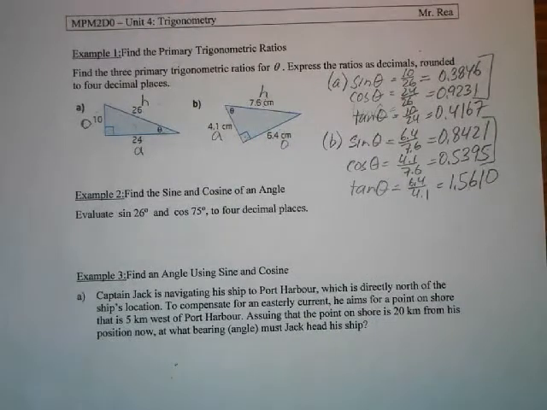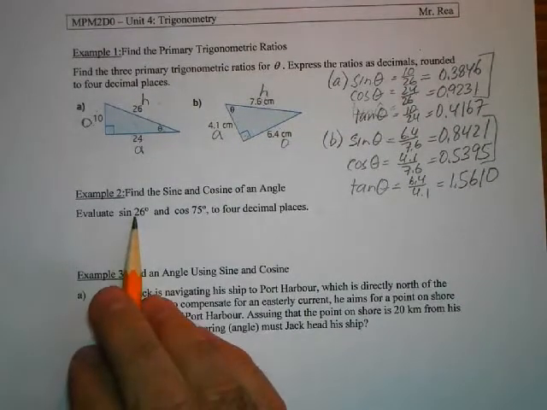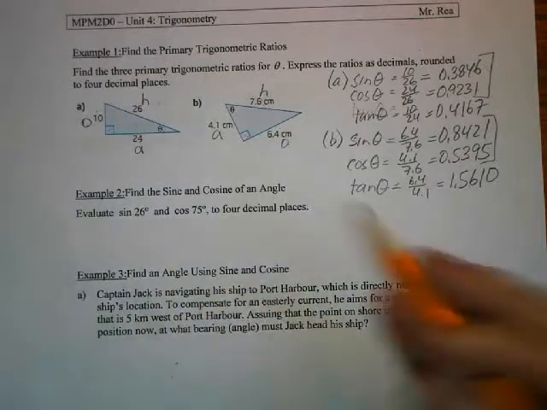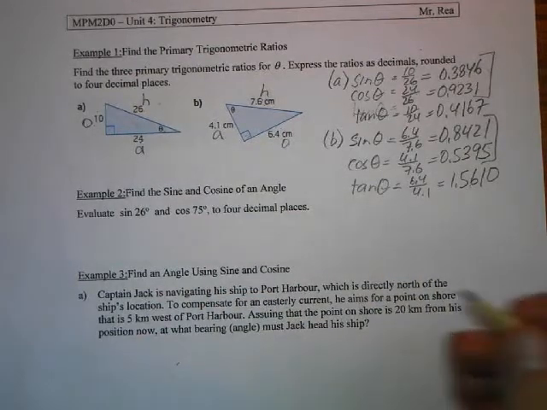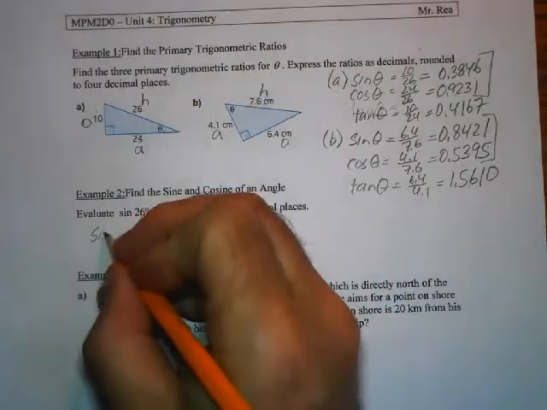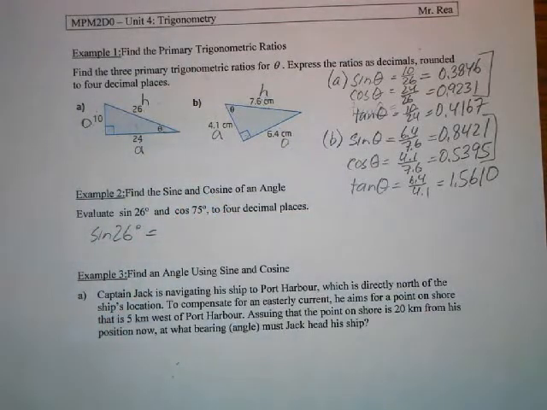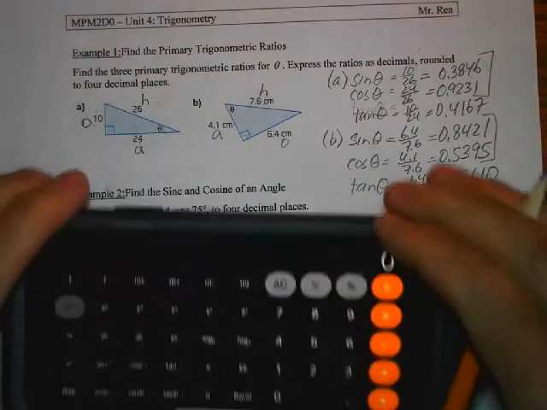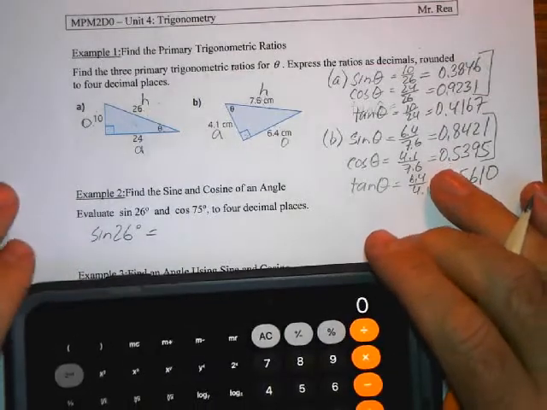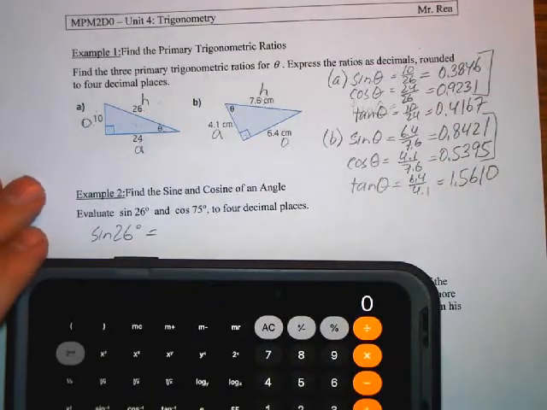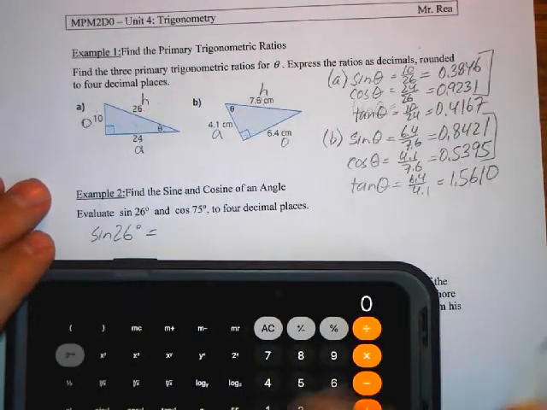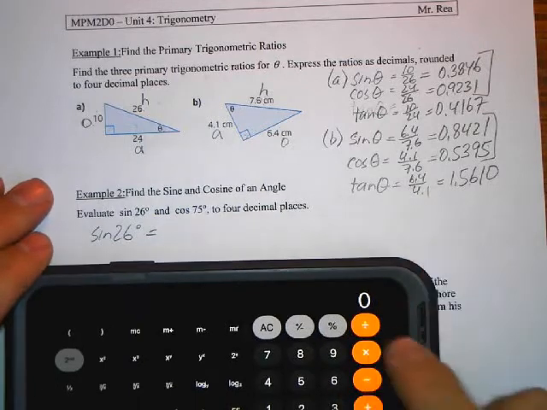Okay, so this time we've got sine 26. We want to convert this into a value. So this is just practice using your calculator. Like we did with the tan, for the iPhone, we entered the degree first.